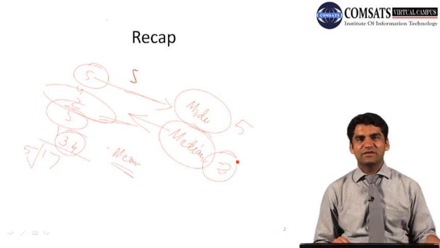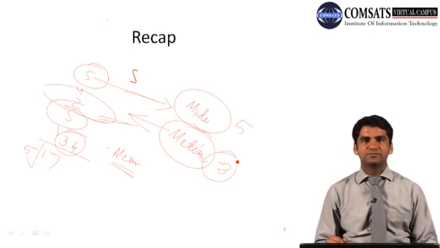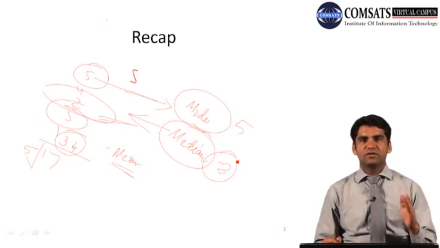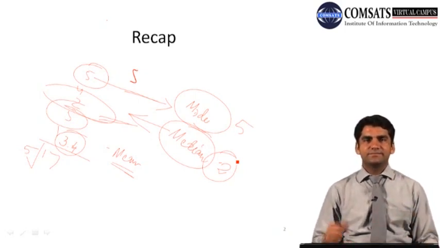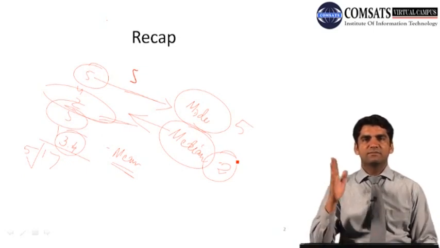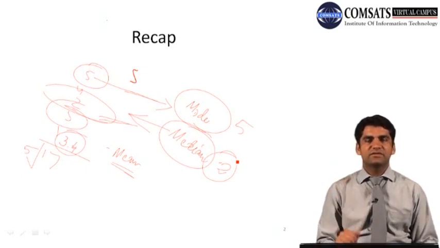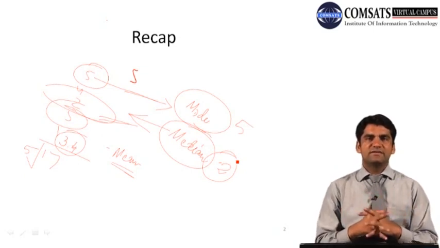So things like that we have to understand, and we have seen that mode can be bimodal or multimodal. If there are more than one observation that are occurring frequently in the table or in the observations, then we can say it bimodal. If there are more than 2 observations that are occurring frequently in the variables, we call them multimodal. And these are the measures of central tendency.